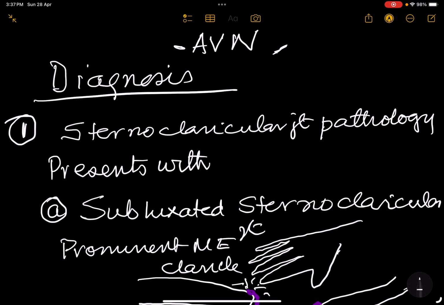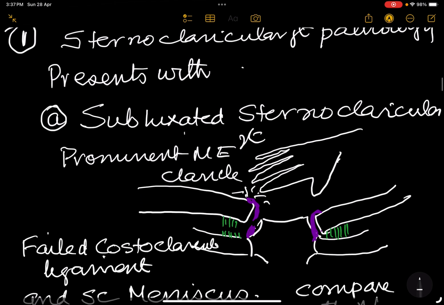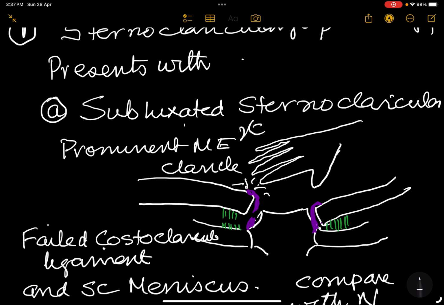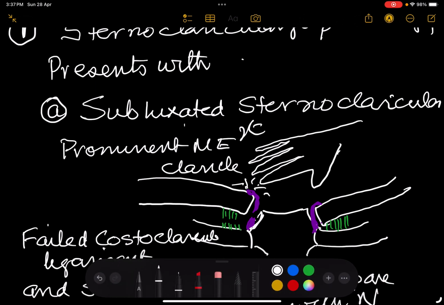So the sternoclavicular joint pathology presents with usually a subluxated sternoclavicular joint. So you see, this is the glenoid. This is the sternal articulation. We'll make it thicker.